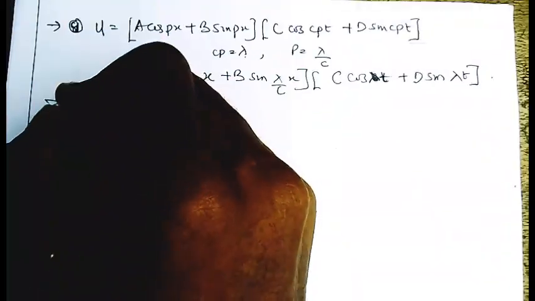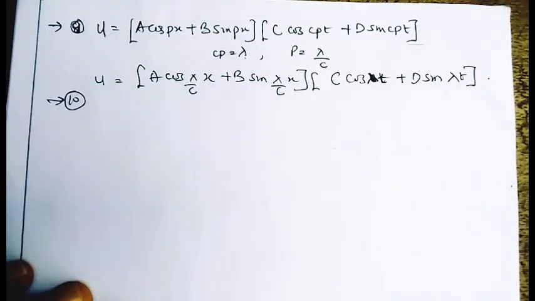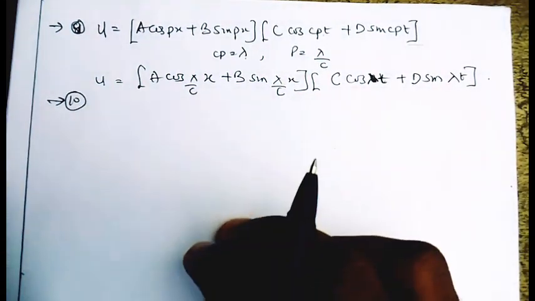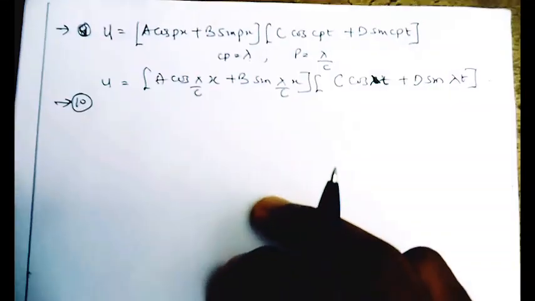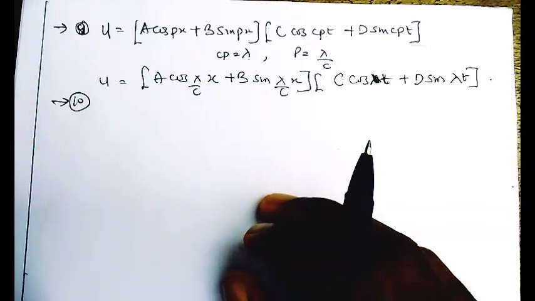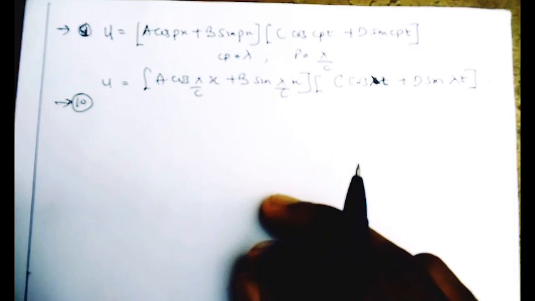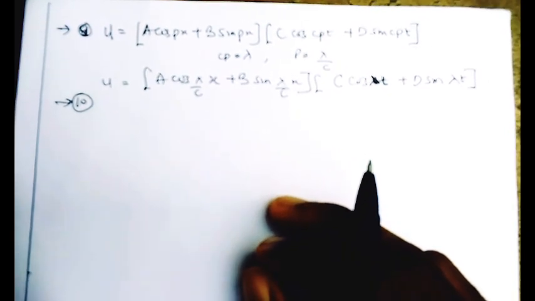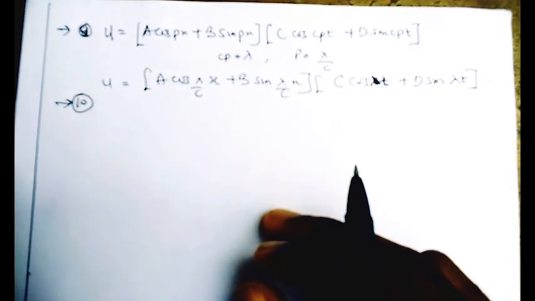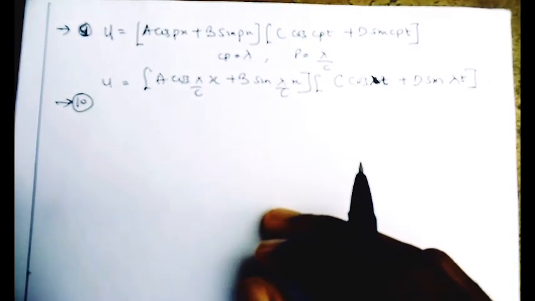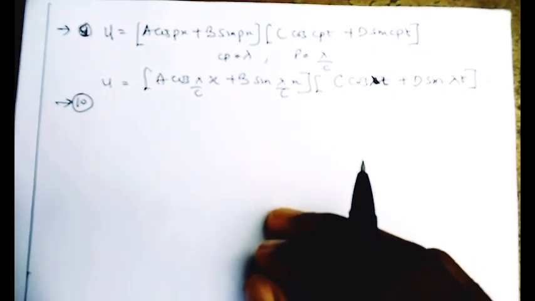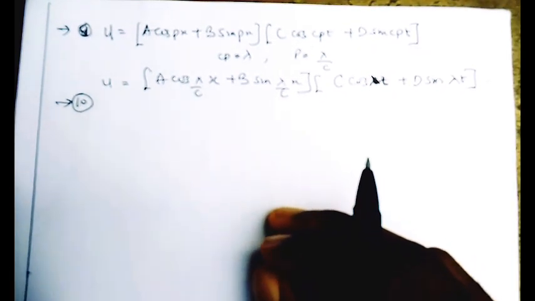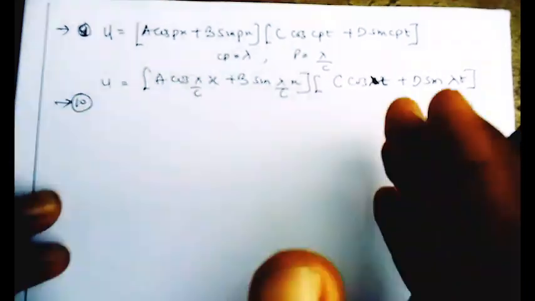So now what is my next step? Now there's what we call boundary condition and initial condition. So when you're solving wave equation and the second equation, which is heat conduction equation, you are going to be given boundary conditions. Remember I said let's assume a length of string L, in which you have 0 to L, right?